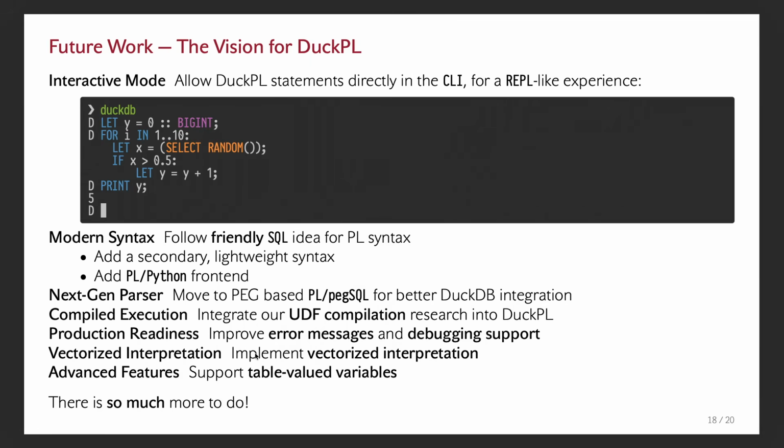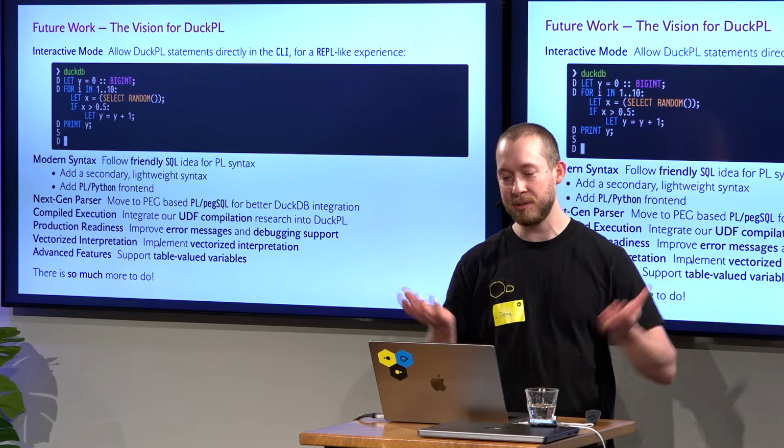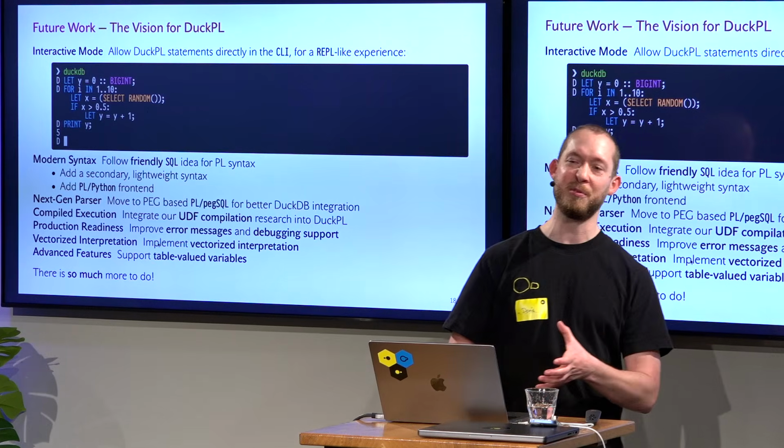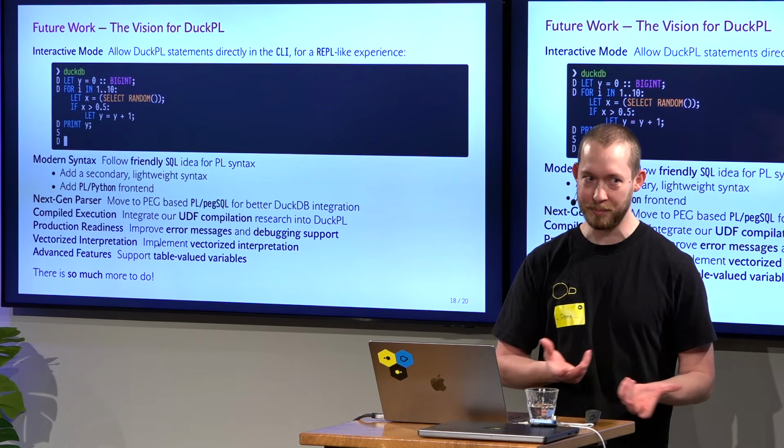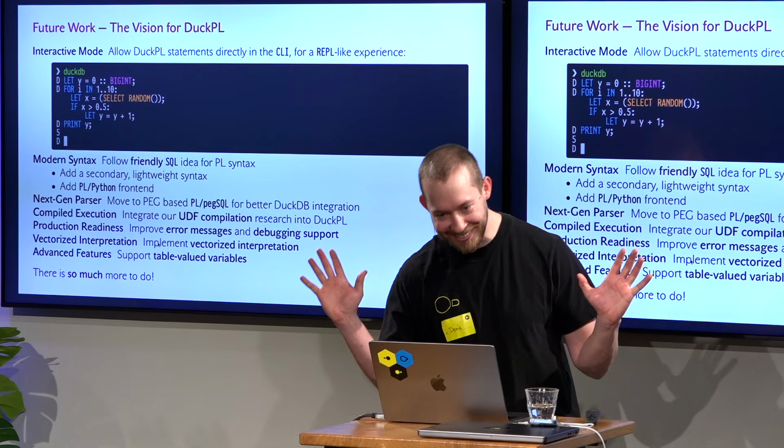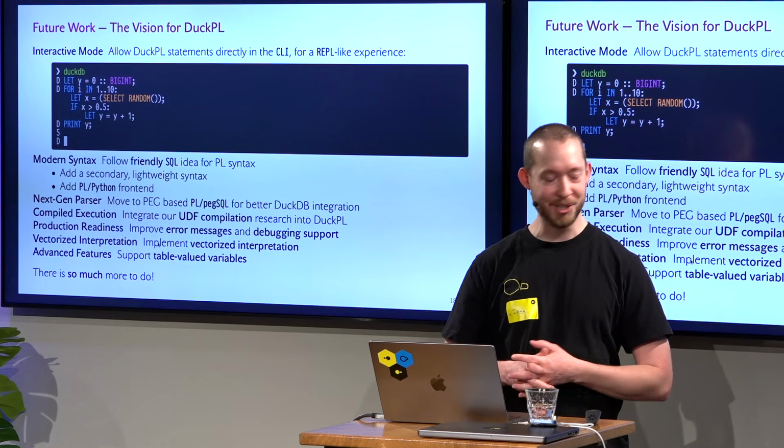But what I want to have is, for example, a let statement I can issue to define a variable y in this case, have a loop, do some stuff, print some stuff right inside the CLI, so that you can just use the DuckDB CLI instead of the Python CLI, for example. That's the idea. We will see how that works out.